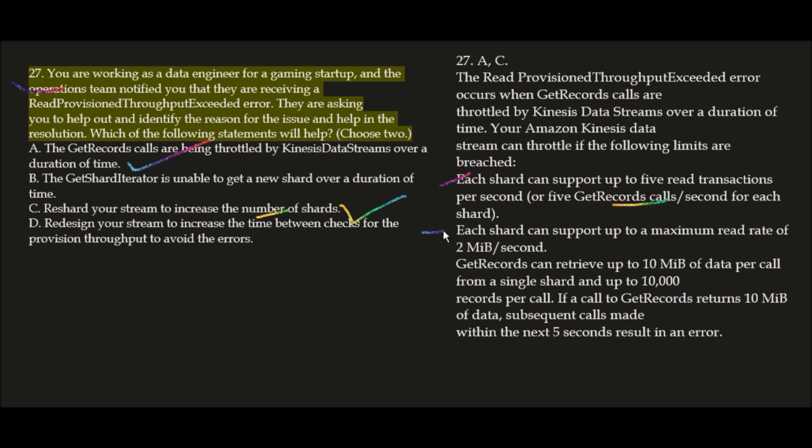Okay. Second limit is each shard can support up to a maximum read rate of 2 MiB per second. Third limit is get records can retrieve up to 10 MiB of data per call from a single shard and up to 10,000 records per call.